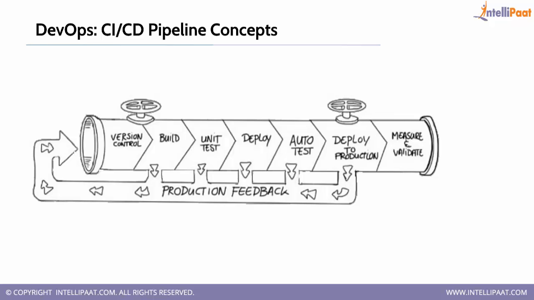So this entire process is continuous. It is continuously integrated, built, tested, deployed, and delivered. So that's why it's called a CI/CD process, where continuous integration happens and continuous delivery happens in this pipeline.